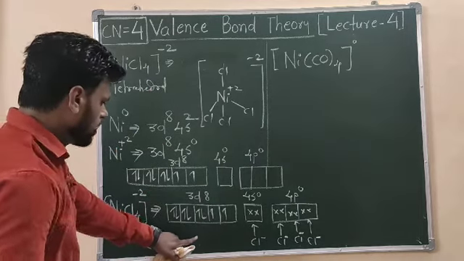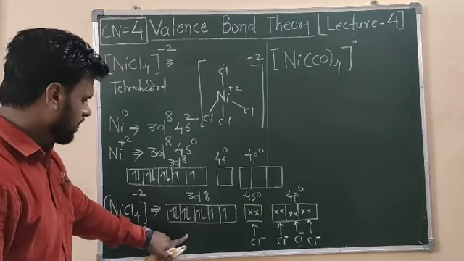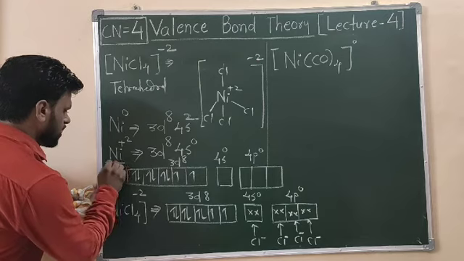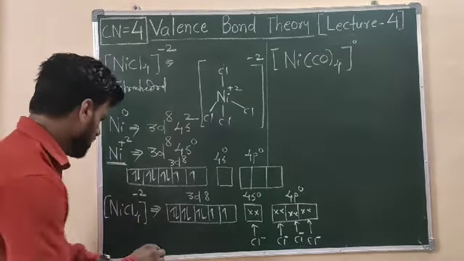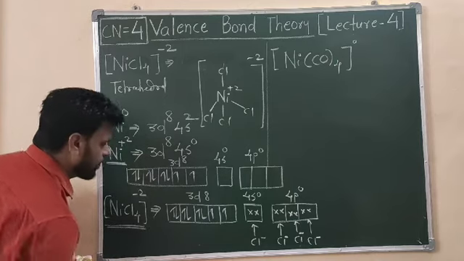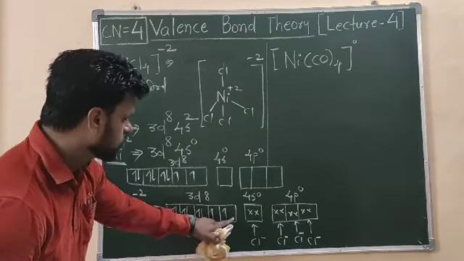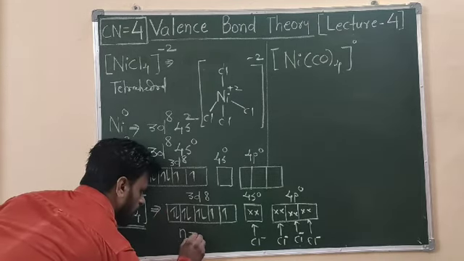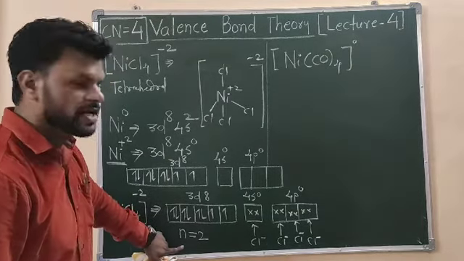Next, you should know the number of unpaired electrons in the complex. Remember, this is my metal ion, and you always need to find out the number of unpaired electrons in a complex. In the complex we have these two pairs and 1 and 2, and hence the number of unpaired electrons in the complex is equal to 2, and this is a paramagnetic complex.